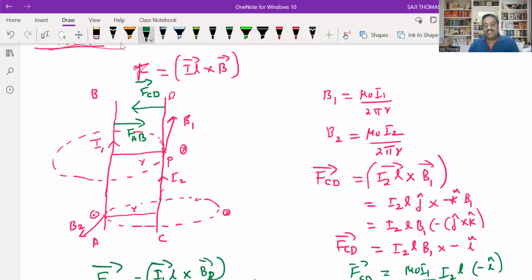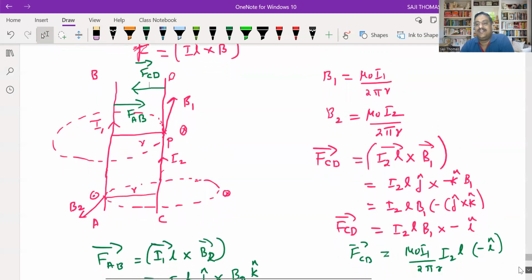See, these two forces, FAB and FCD, are opposite. That means the conductors are moving towards each other. FCD is towards left, so CD will move towards the left, and AB will move towards the right. That means these conductors attract each other.